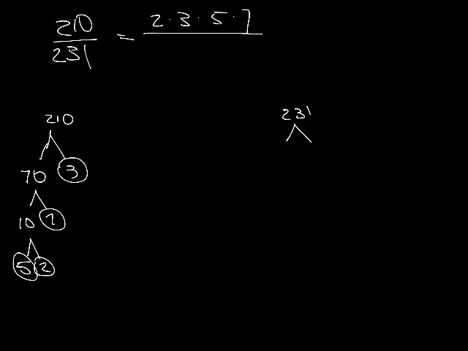Let's break 231 down. One of the things that's good to know is if you take a number like this and you add up the digits, 2 plus 3 is 5 plus 1 is 6. And if 3 will go into that answer, 2 plus 3 plus 1, then 3 will also go into this.